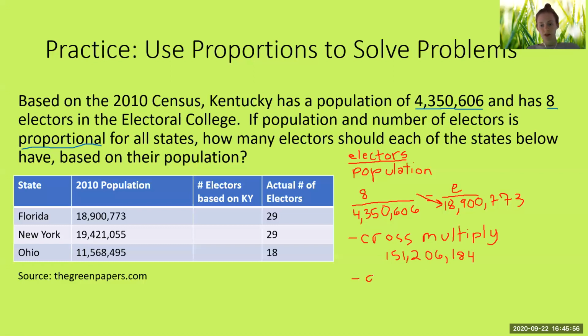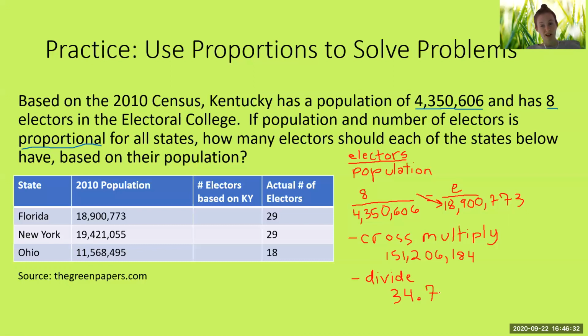And now I'm going to divide by the number I haven't used yet. I'm going to divide by the 4,350,606. So divided by 4,350,606, and I get an answer of 34.7 electors.